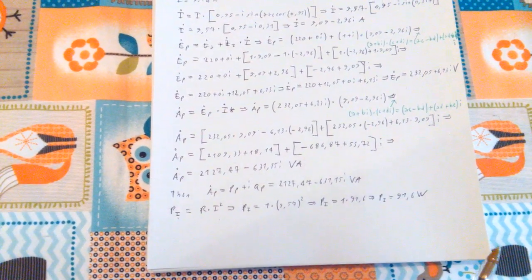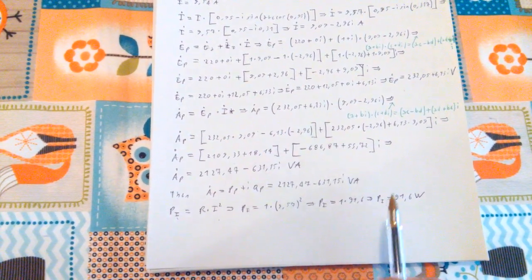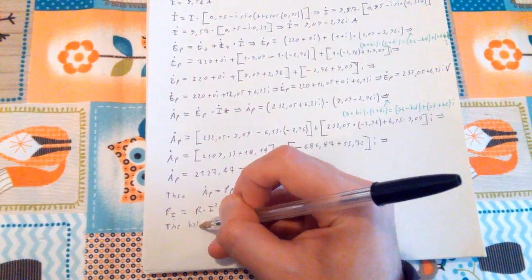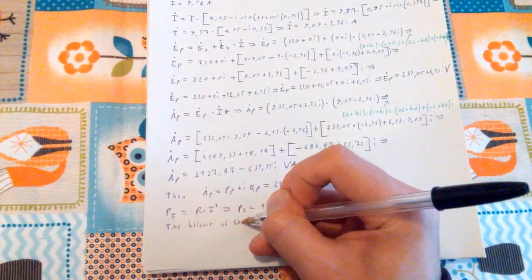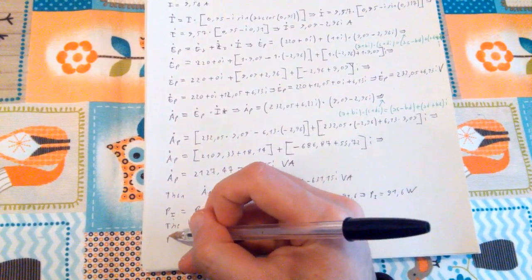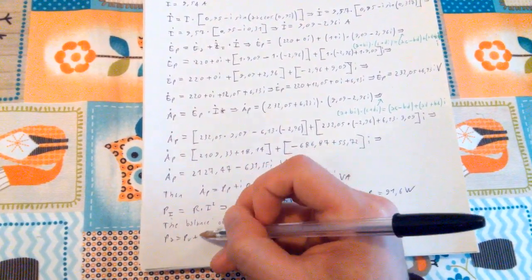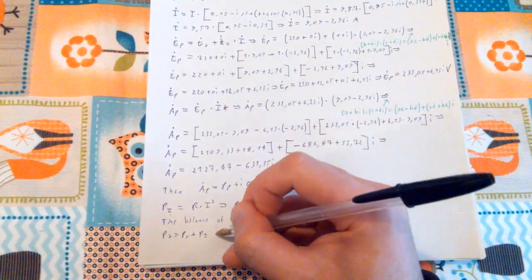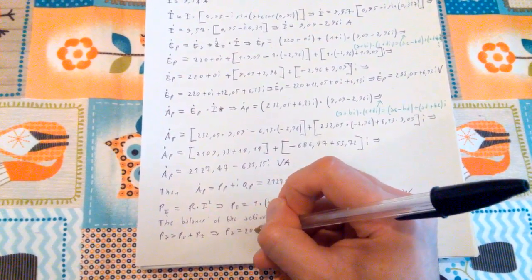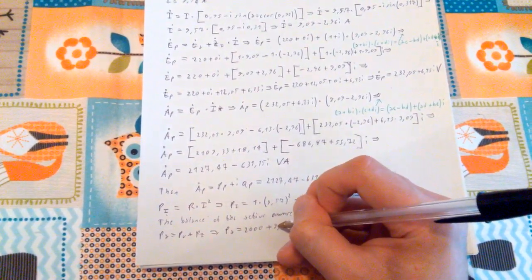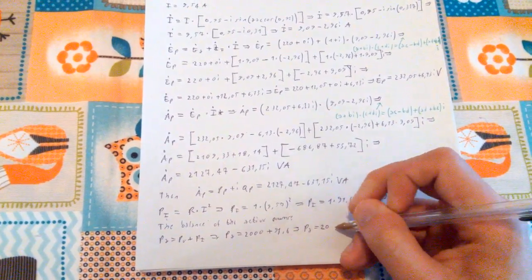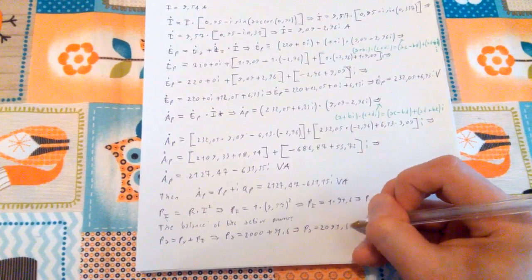Now, the balance of the active powers will be PA equal to PU plus PI. So basically PA is 2000 plus 91.6, so PA is 2091.6 watts.